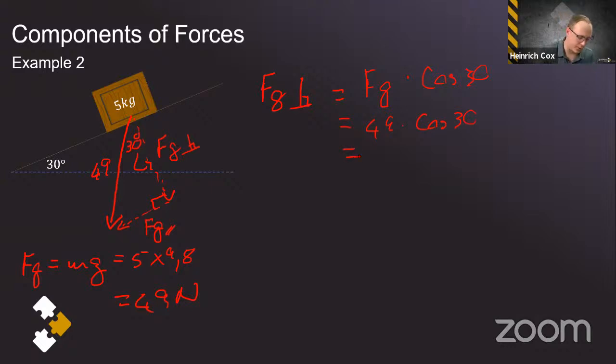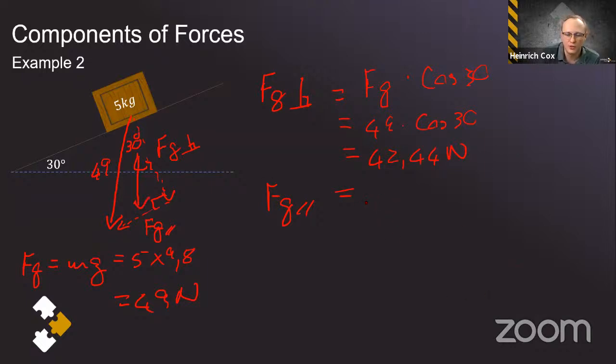And then once again, we'll defer to our calculators who always know best. 49 times cos 30 gives us 42.44. Okay, so 42.44 newtons.